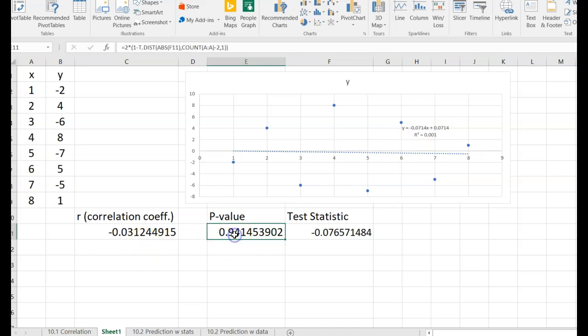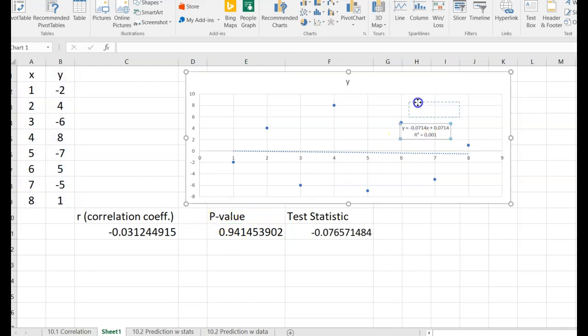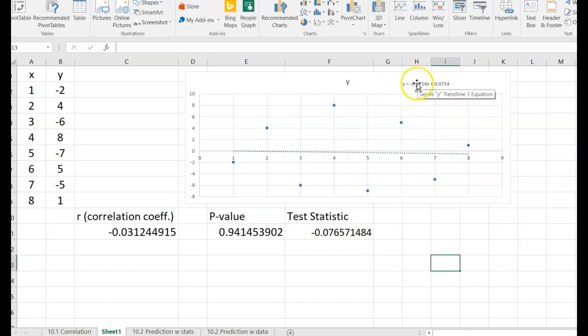All right, now what does the p-value mean? Remember, p-value, we see these in hypothesis testing. In correlation, it means how non-zero is our slope. Remember, y equals mx plus b. If m is our slope, the slope of a horizontal line is 0.